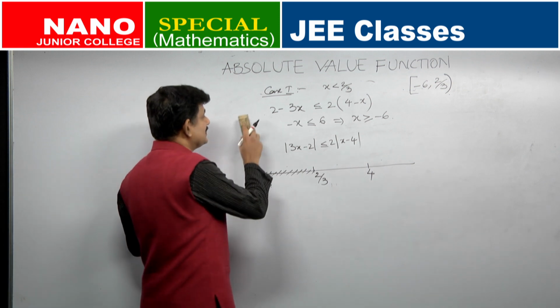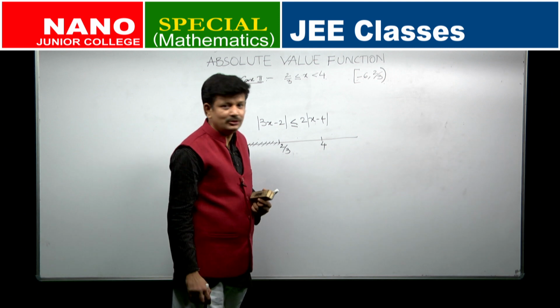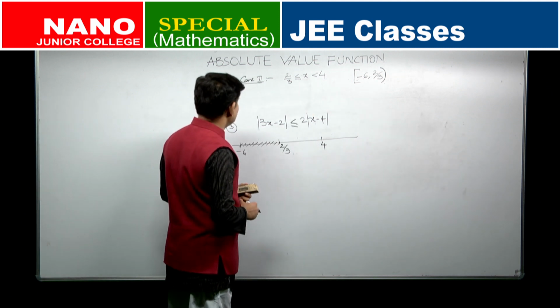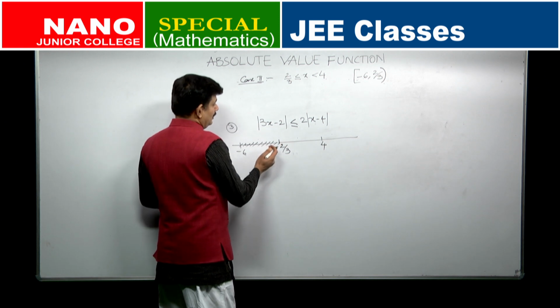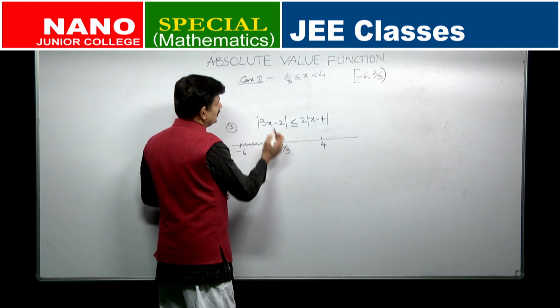So, let me discuss the second case now. In the second case we are talking about x lying between 2 by 3 and 4. So, what will happen in this case? X is greater than 2 by 3.